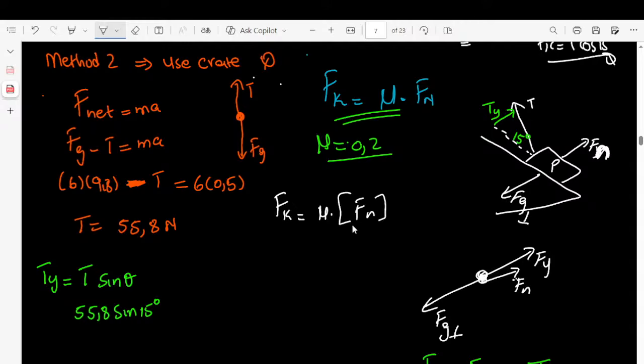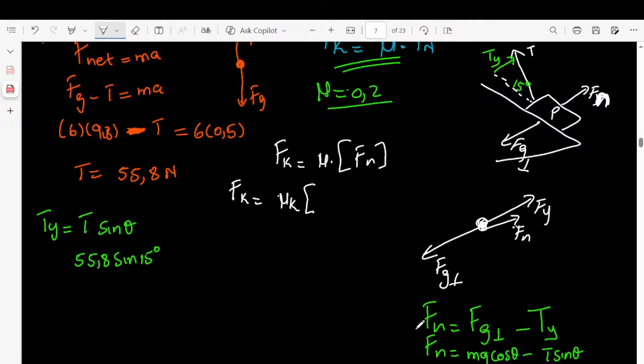You'll understand why we need to put the Fn inside the brackets. So this is the coefficient multiplied by the normal force, which is Fg perpendicular, mg cos theta, minus T sine theta.